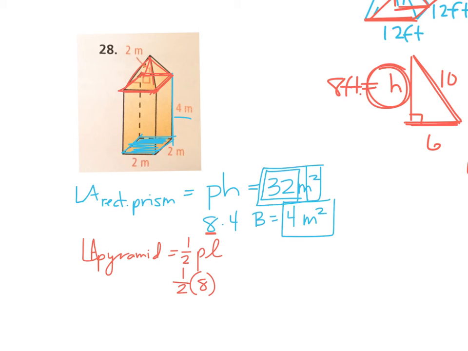So 1/2 times 8, and then we need the slant height, and they gave us the height. So we're looking at a triangle where this length here is half of this, right? Cut this in half, so that would be 1. The height is 2, and we want the slant height. So you're going to plug in 1 squared plus 2 squared is 5, and then take the square root of 5, and that's 2.24, we'll say.